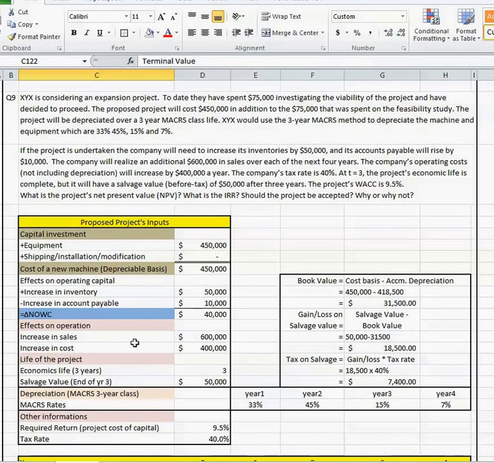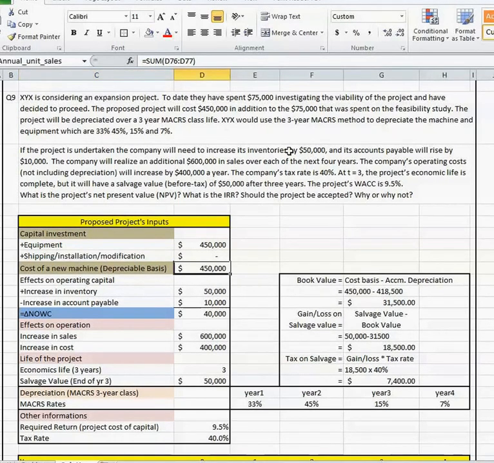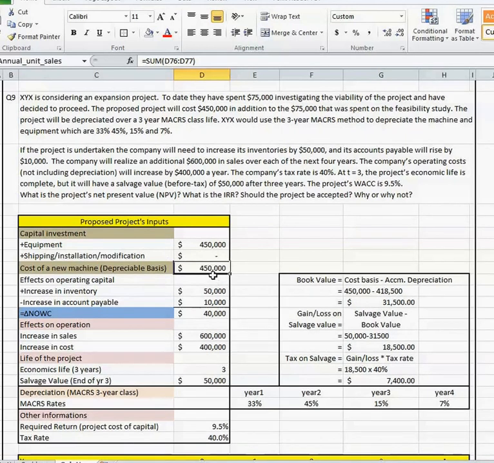So first I calculated the depreciable basis. Basically I'm summarizing all the information on this input table. So the depreciable basis is this one. In this case, we don't have any shipping, handling, or installation, so $450,000 is the depreciable basis.